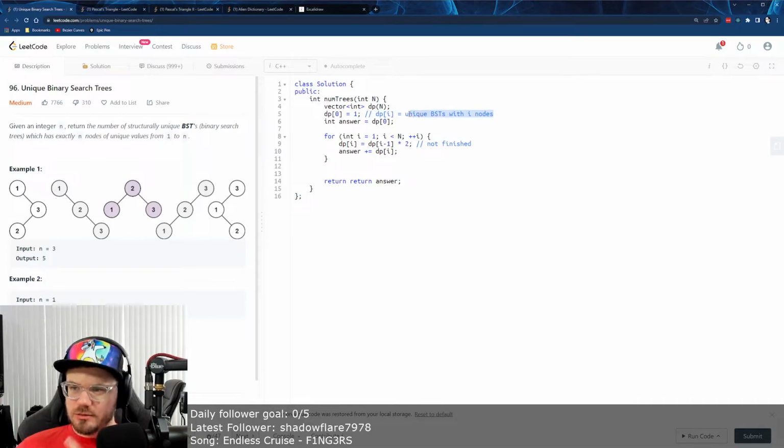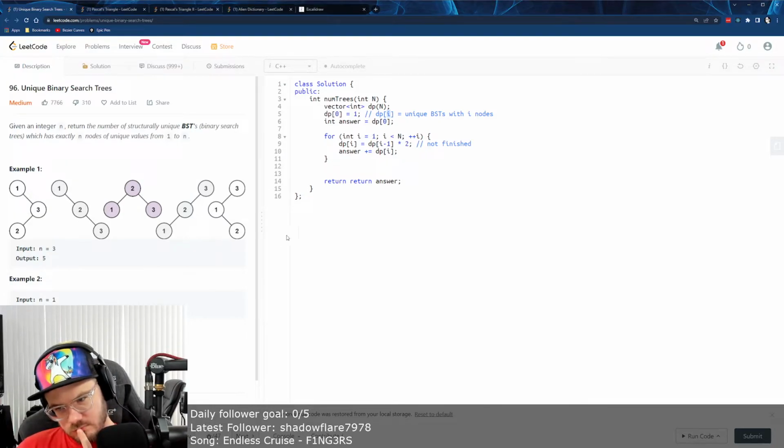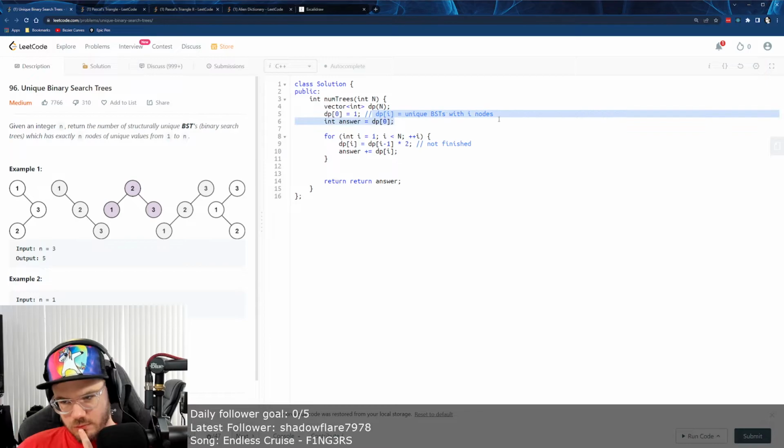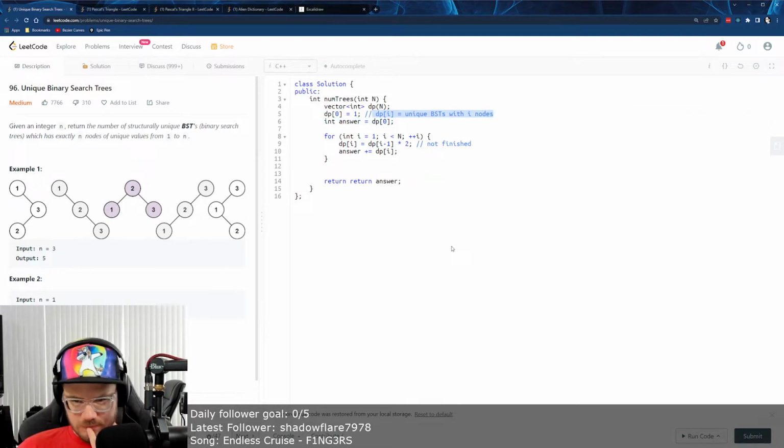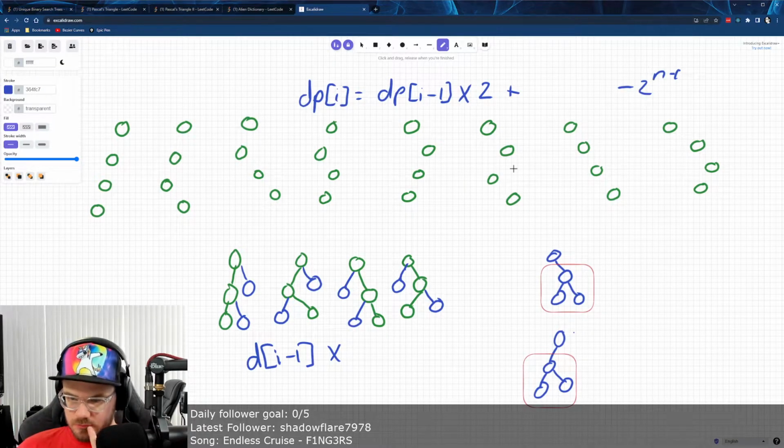And so this is not actually the unique binary search trees with i nodes, because if it was, then dp of n minus 1 would be the answer. I think we're supposed to reformulate this a little bit. Let's see, maybe that makes the solution easier.